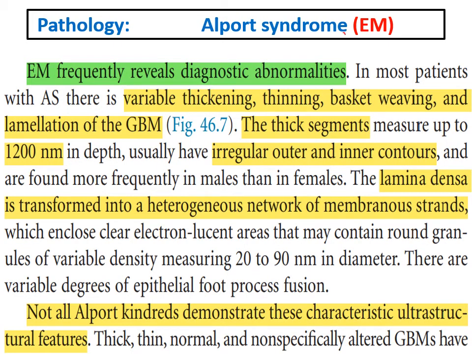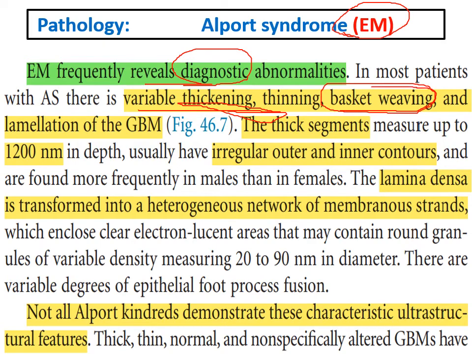What about the electron microscopy of Alport syndrome? We said light microscopy is not pathognomonic, and immunohistochemistry is diagnostic of Alport syndrome, and electron microscopy also shows very characteristic features. What are the diagnostic features in electron microscopy? It reveals variable thickening and thinning of the glomerular basement membrane, giving a characteristic basket weaving appearance.